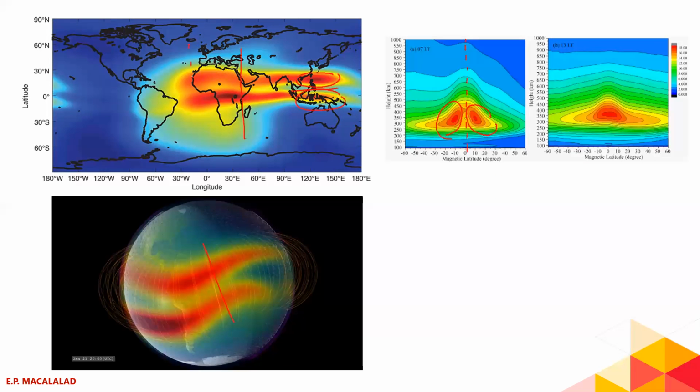This region wherein the two crests are is not too obvious, but you notice that there is what we call a curving pattern here. This curving pattern follows the direction of the magnetic field. So all in all, this is what happens.